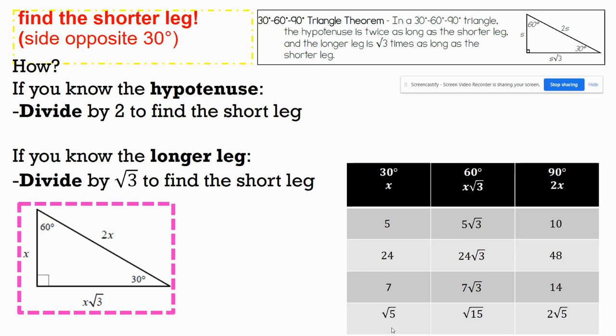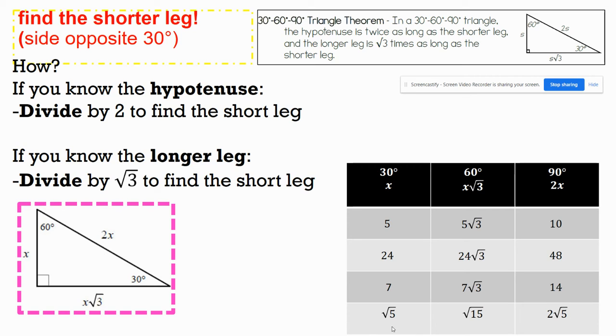If the short leg was the square root of 5, to find the long leg, I take the short leg and I multiply by the square root of 3. Well, root 5 times root 3, I can use my product property, write it with one radical, and 5 times 3 is the square root of 15.